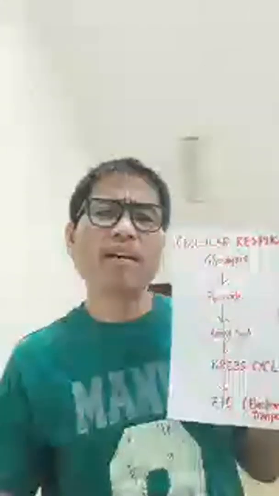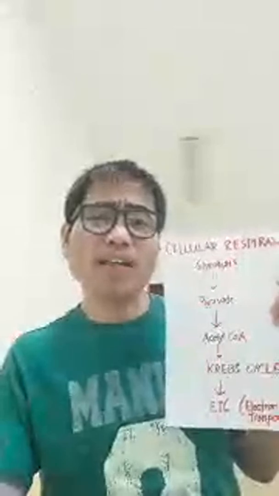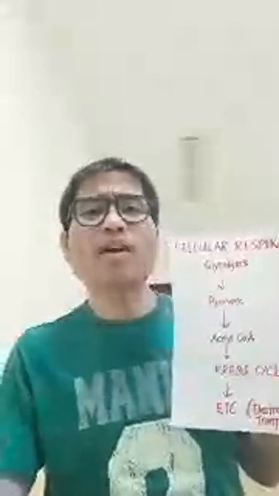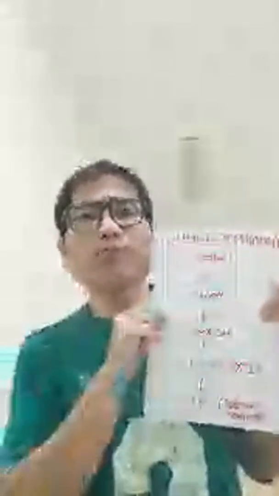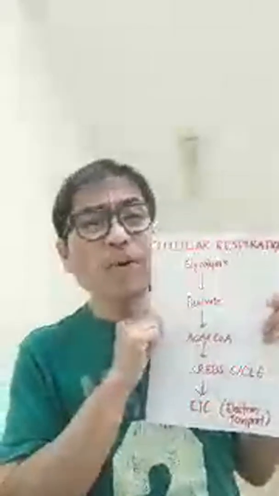Pyruvate means it's either a salt or an ester because it ends with ATE, right? As far as we remember from our study of salts and esters, right? You remember that one?